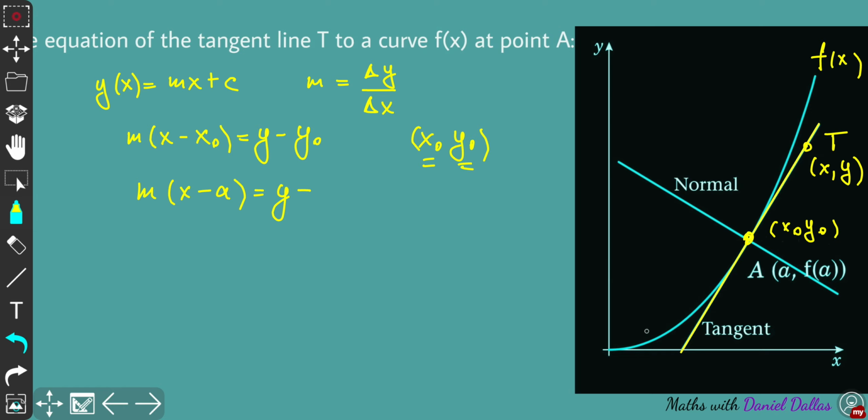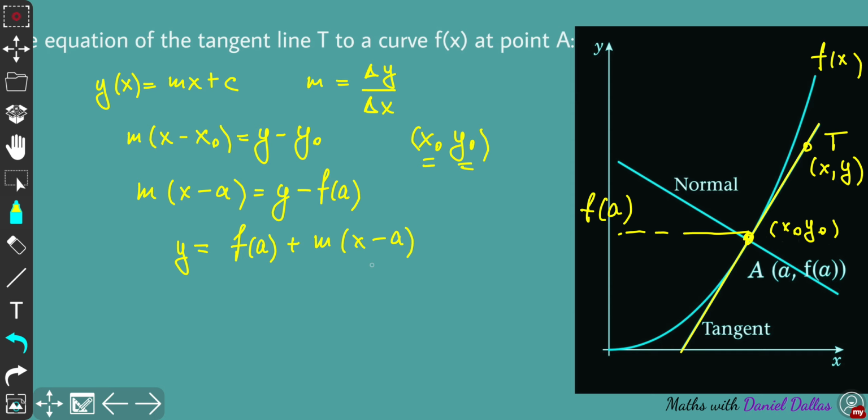So obviously, this value is going to be f(a). That's why we can definitely plug in, instead of y0, the value of the function f(a). Okay, so let's express y from there. So y is going to be f(a) plus m(x minus a). Okay, so that's an equation of the line.